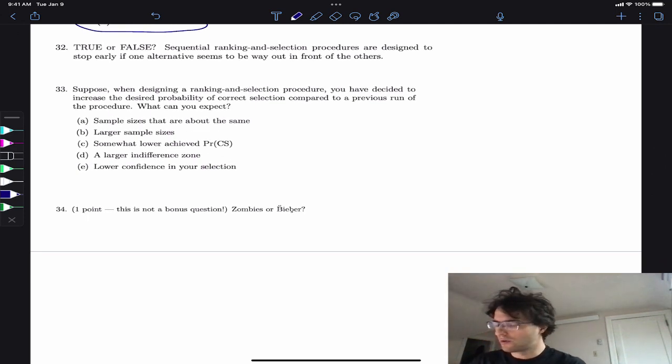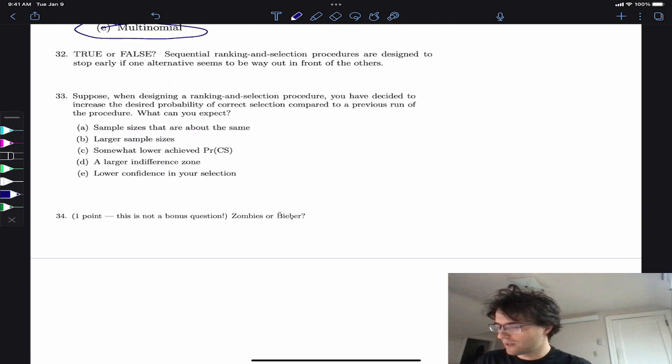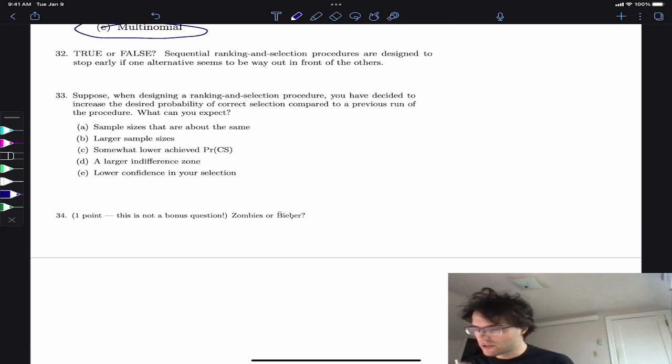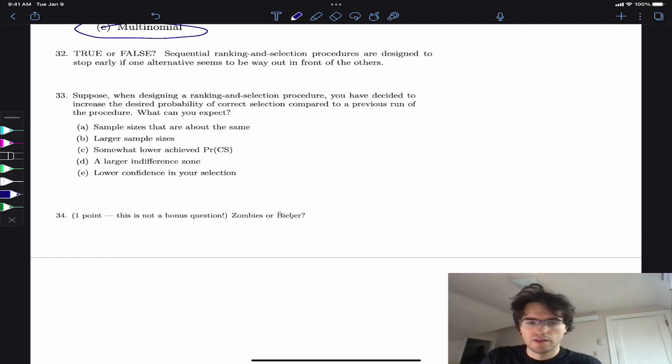Cool. Question 32. True or false? Sequential ranking and selection procedures are designed to stop early if one alternative seems to be way out in front of the others. This is also true. And there could be a problem similar to one of the problems in the homeworks, where they might ask you this question in another form.